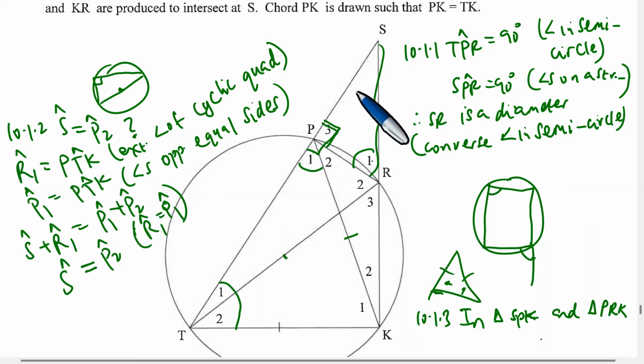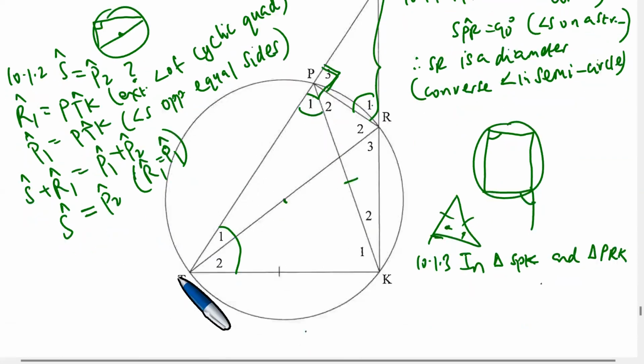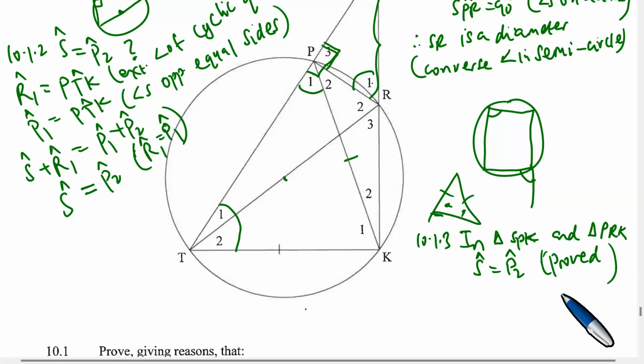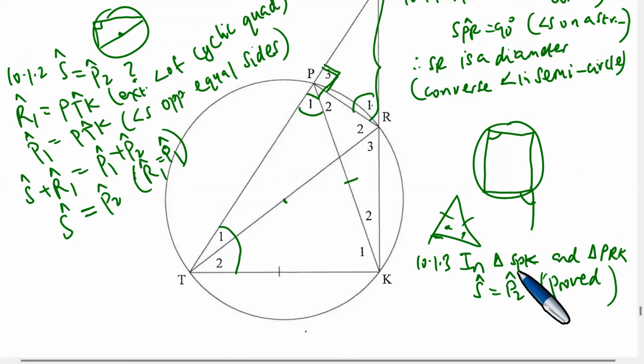Angle S equals angle P2 because we're looking at PRK. We've already proven that S is P2. This one has been proved. What about angle K2?